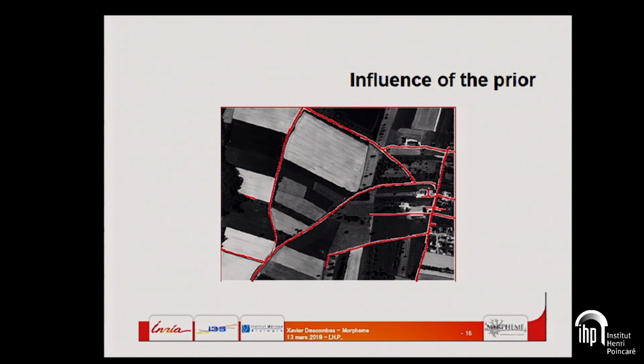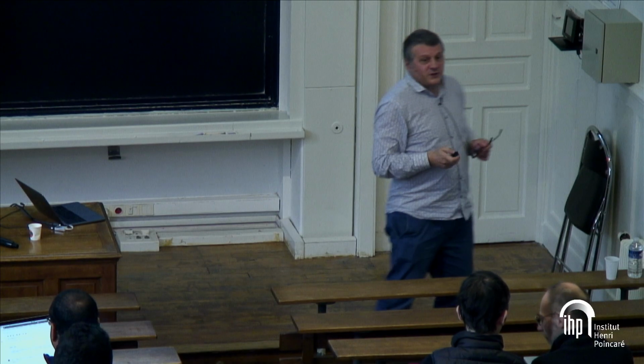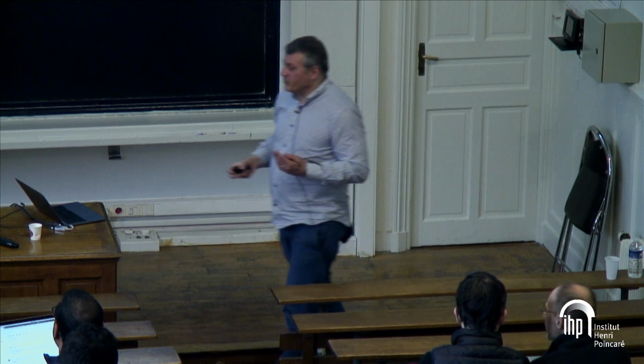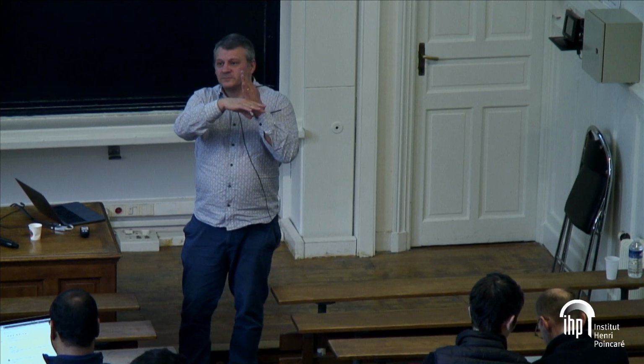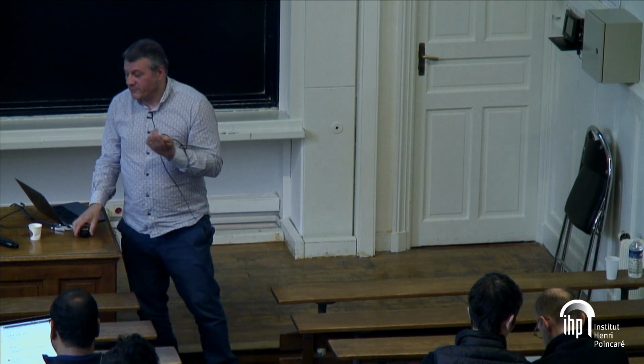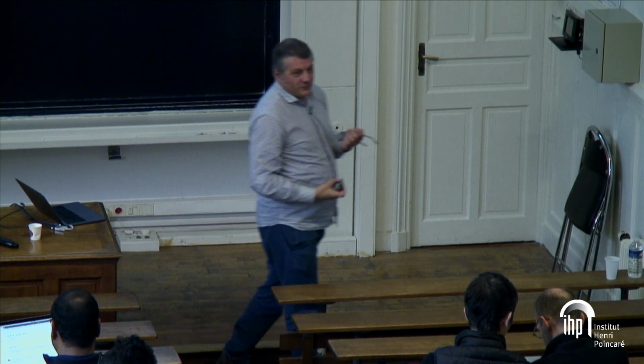But if you look at this junction, there is some contrast because they are very small parts, so it was not so difficult to address. Why didn't we get it? Because we said in our prior that we prefer to have intersections at pi over 2. So it means that your prior has a very big influence on your result.